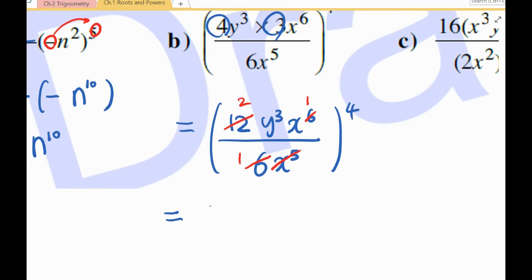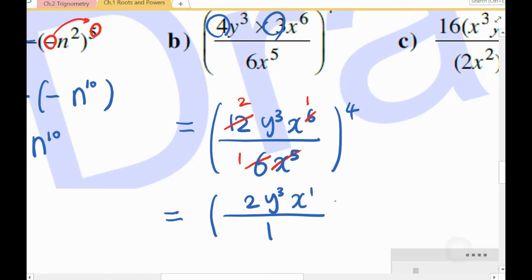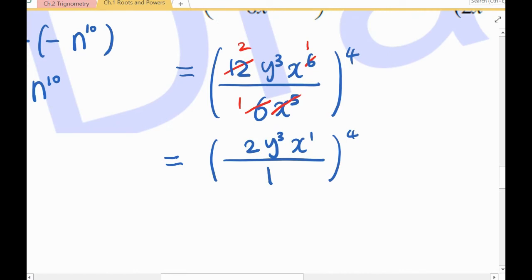So what we have here is 2y cubed x to the power of 1, all to the power of 4, over 1. Something over 1 is nothing. We can just omit it, right? Let's omit over 1, and we're going to count the items inside the bracket. 3 items.